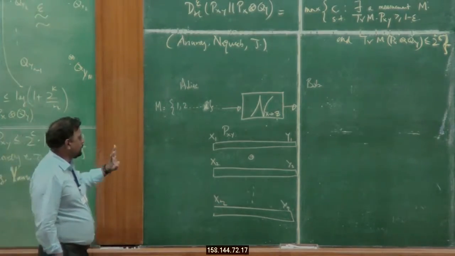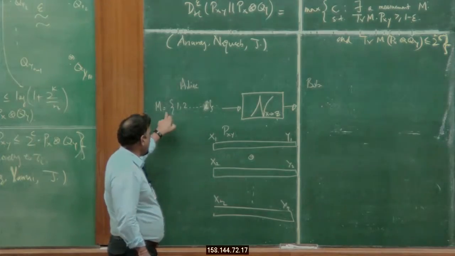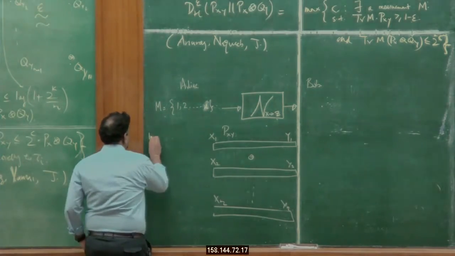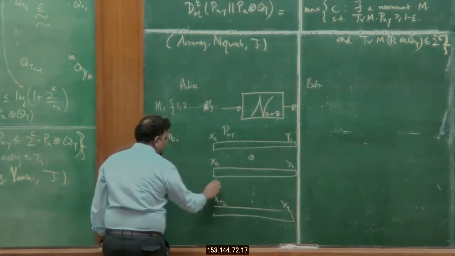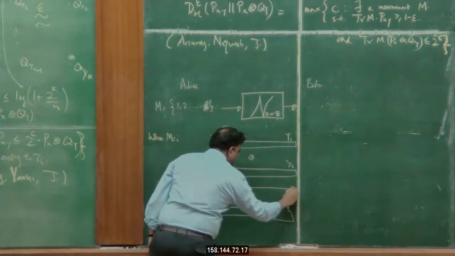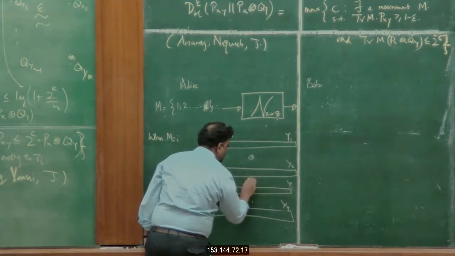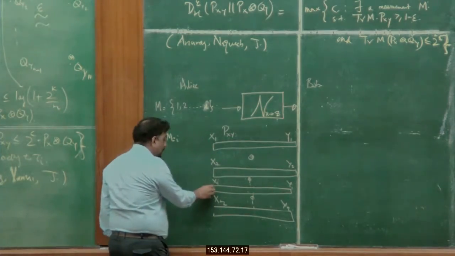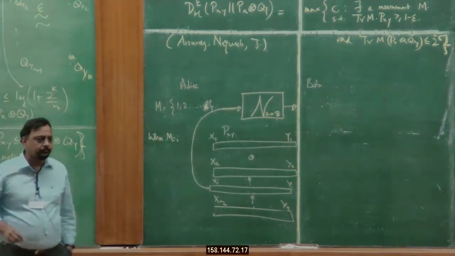So the process is very simple. Whenever Alice gets, say, M as some number I, okay, so when M is I, what Alice will do is take the ith part of public randomness and feed it into the channel.